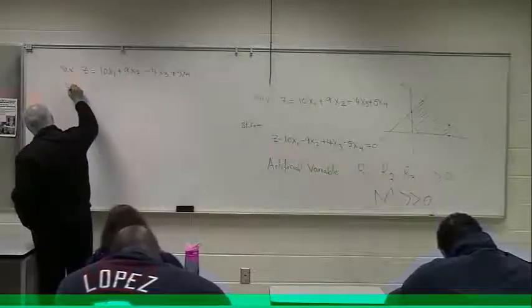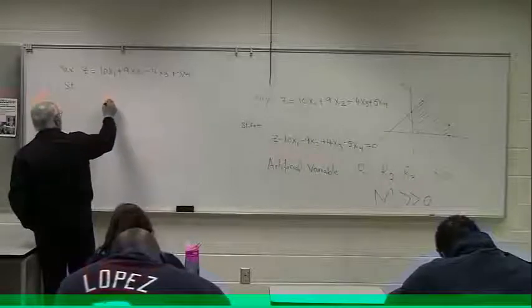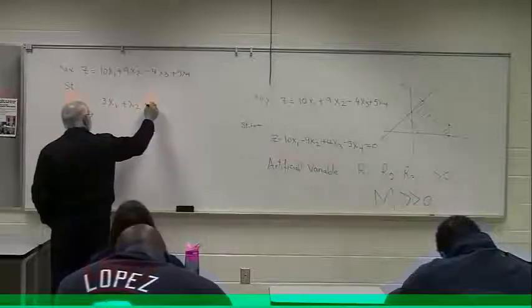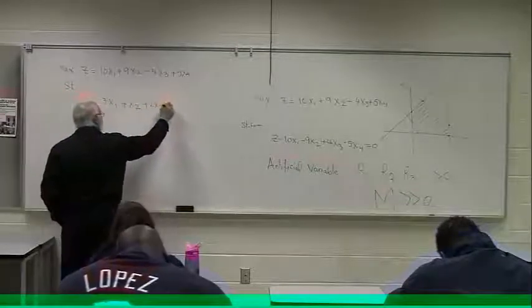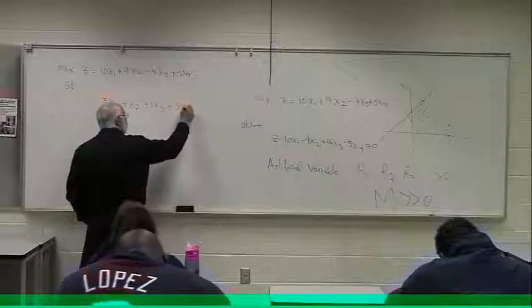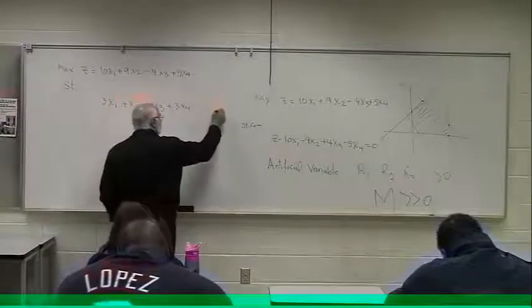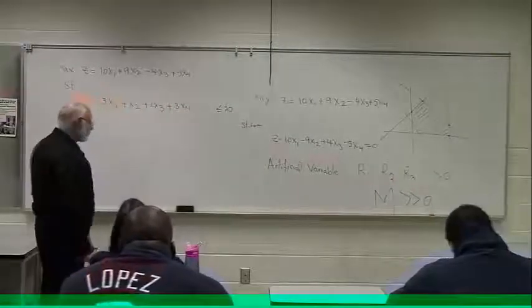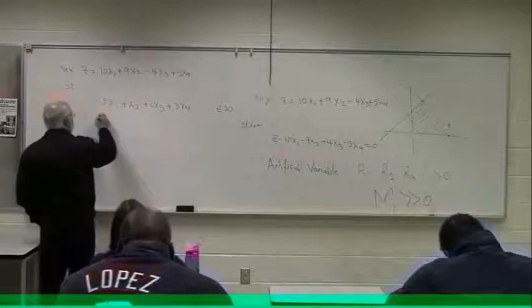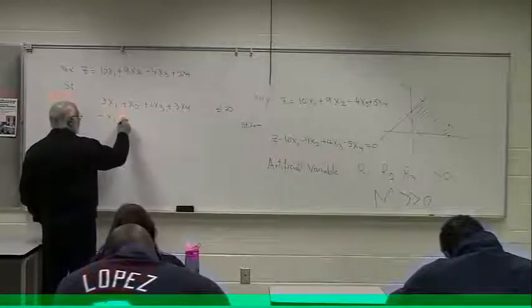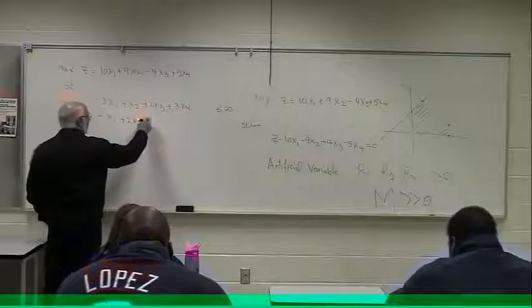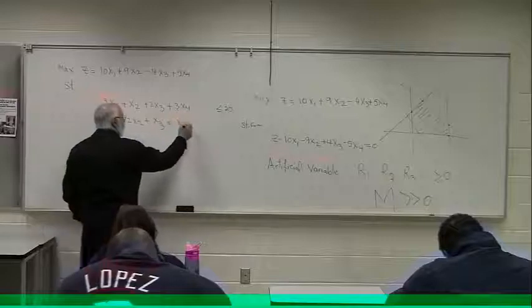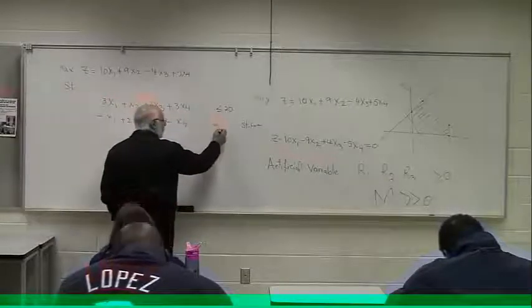Subject to 3x1 plus x2 plus 2x3 plus 3x4 less than or equal to 20. Negative x1 plus 2x2 plus x3 minus x4 equals 10.